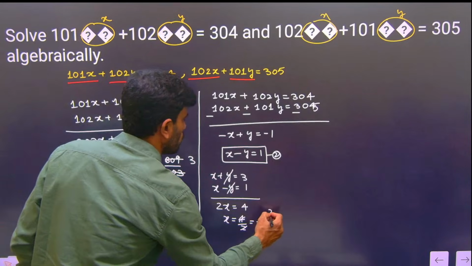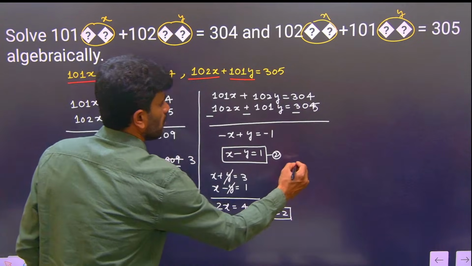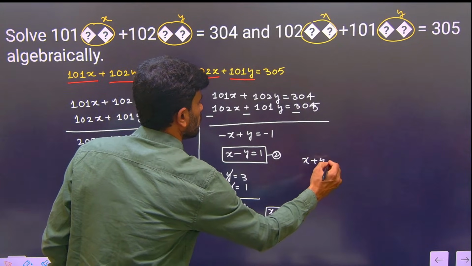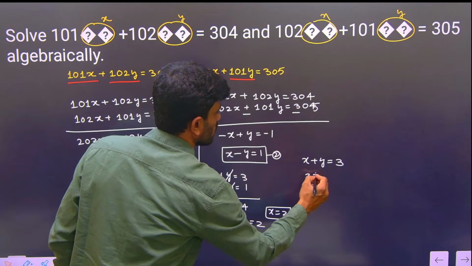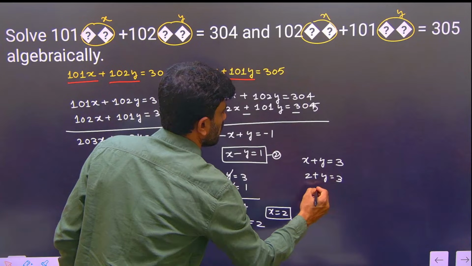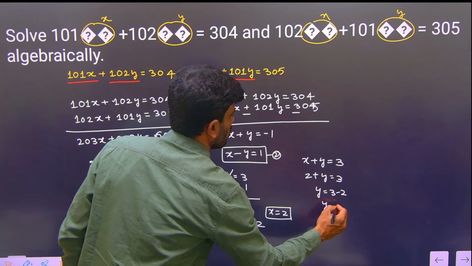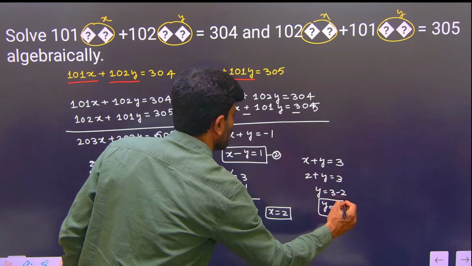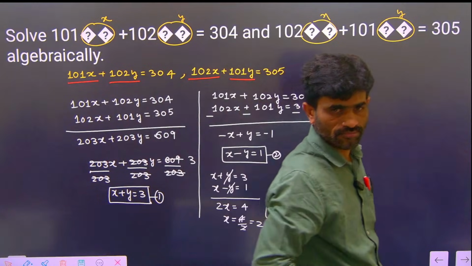Once we get x is equal to 2, we substitute it in x plus y is equal to 3. So 2 plus y is equal to 3. y is equal to 3 minus 2. So x is equal to 2, y is equal to 1.